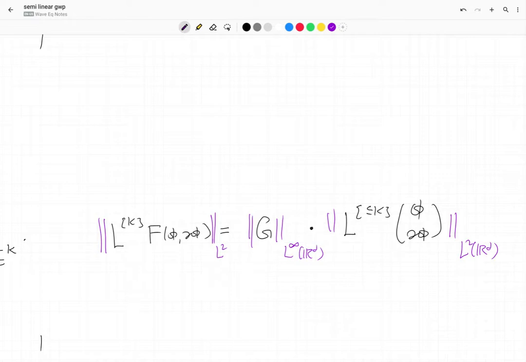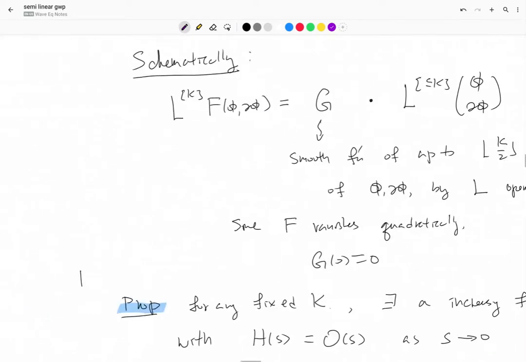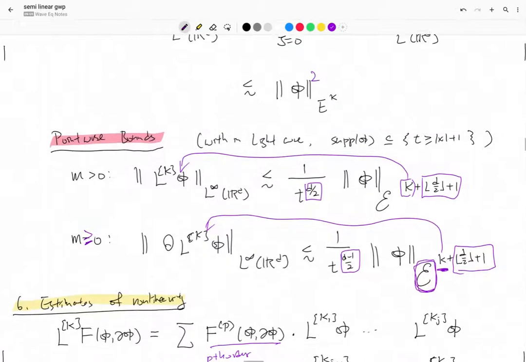We have up to k derivatives acting on phi. We're going to measure in L2 in R^d. And remember, this phi term only shows up if I'm in the Klein-Gordon case, if m is positive. If the mass is 0, we have assumed our nonlinearity to not have this phi term. So when mass is positive, this phi term shows up, and we can estimate it using what we had before.